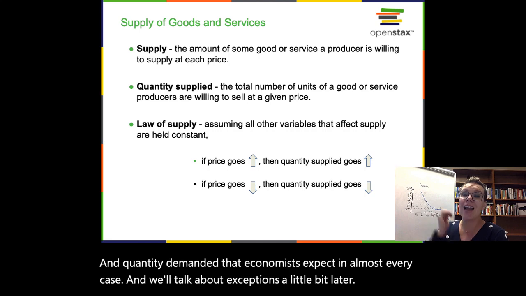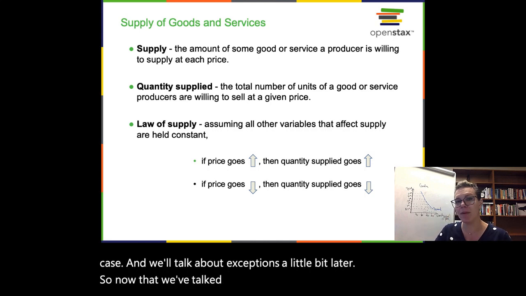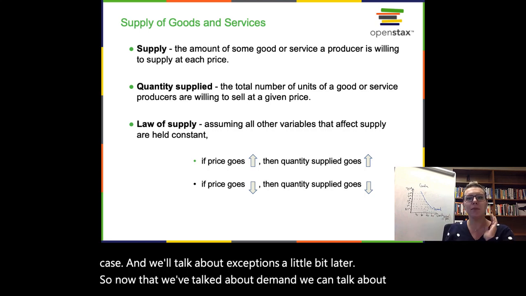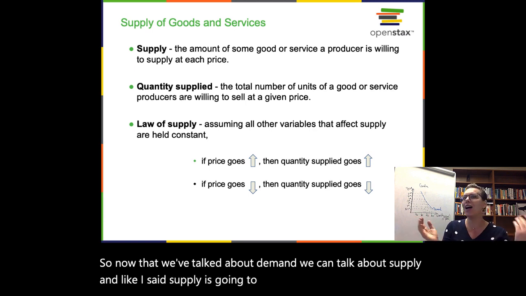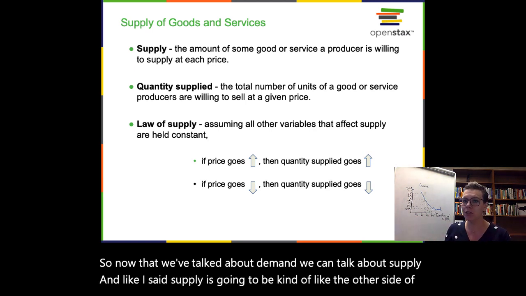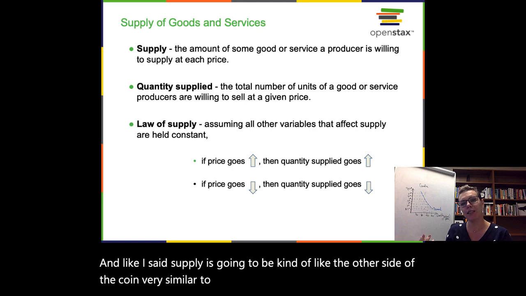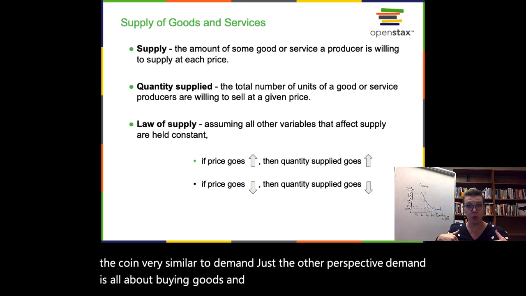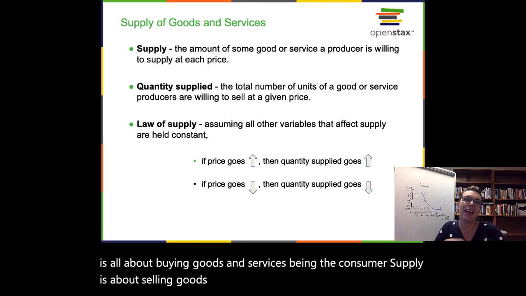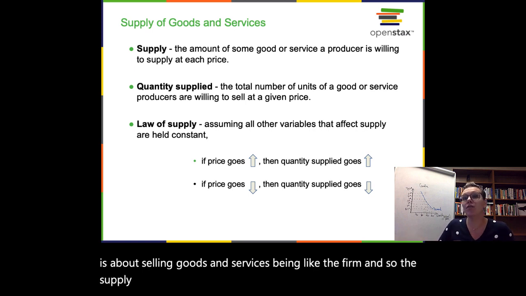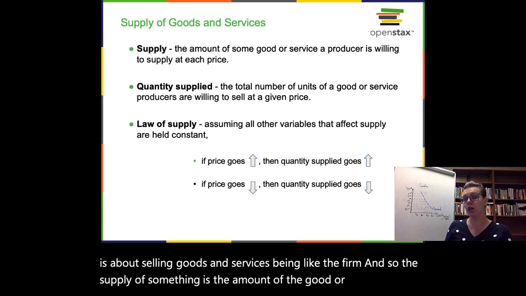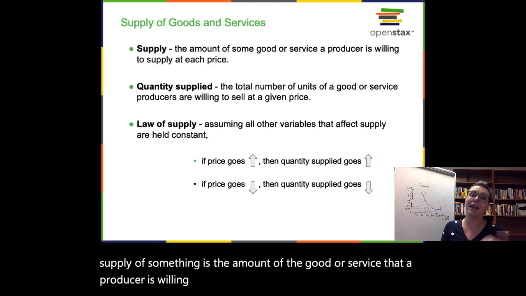So now that we've talked about demand, we can talk about supply. And like I said, supply is going to be kind of like the other side of the coin, very similar to demand, just the other perspective. Demand is all about buying goods and services, being the consumer. Supply is about selling goods and services, being like the firm. And so the supply of something is the amount of the good or service that a producer is willing to supply at each price.